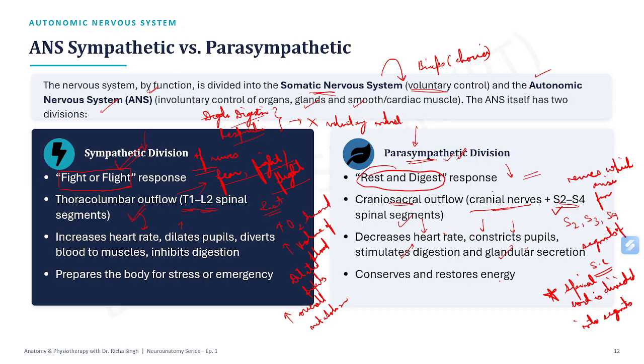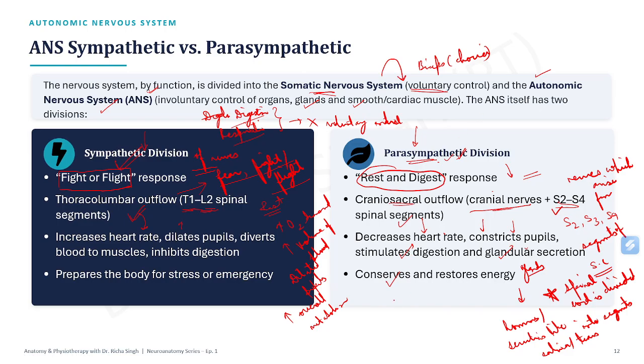And the glandular secretion, that means it activates your glands to secrete hormones or secretions like your saliva or your tears. And whenever this response is activated, the parasympathetic division conserves and restores energy.